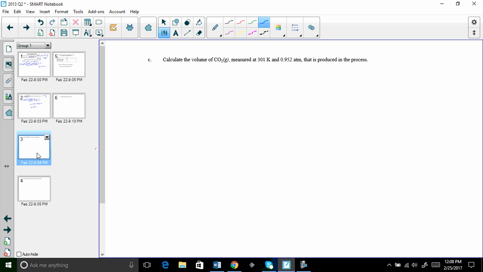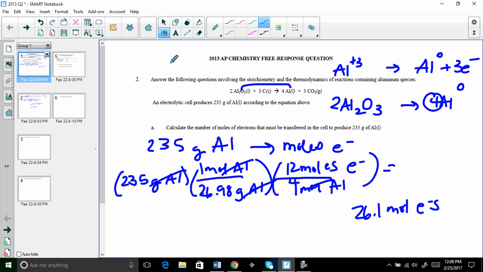Now, this one's interesting. Why? Because it wants to know the volume of carbon dioxide. Now, I'm going to go back to slide 1 and show you that this is not a thermochem problem. I just want you to look on the right here. We got 4 moles of aluminum metal, because it's hot enough that it's liquid.